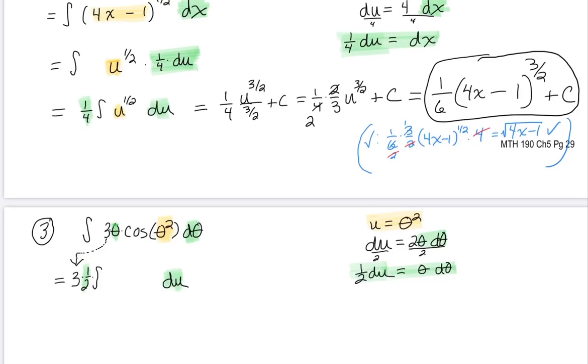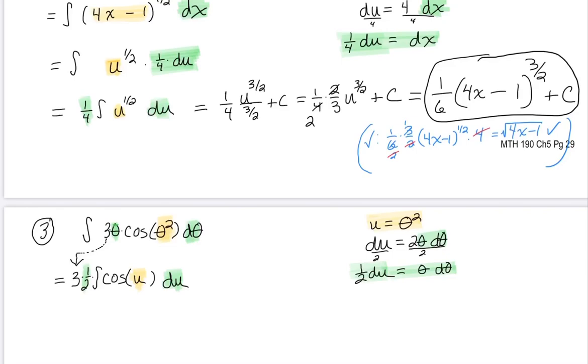I just want to put the 1/2 in front. These are all multiplications of factors, so I get to do that. All right, so what do I have left? I have my cosine of, and of course theta squared is being replaced with u.